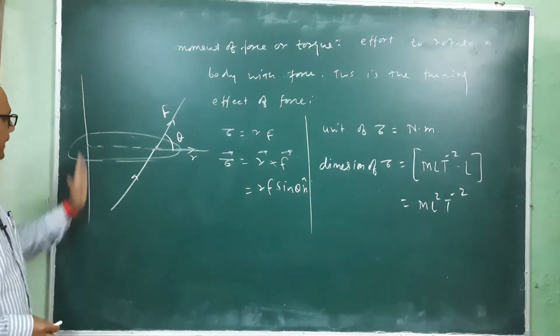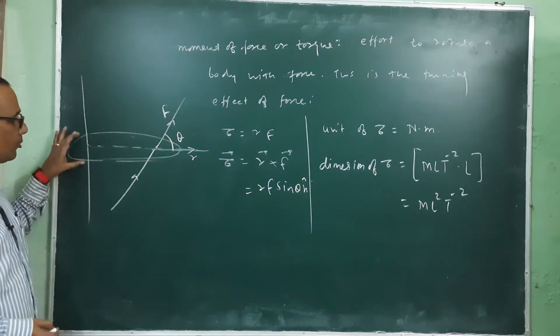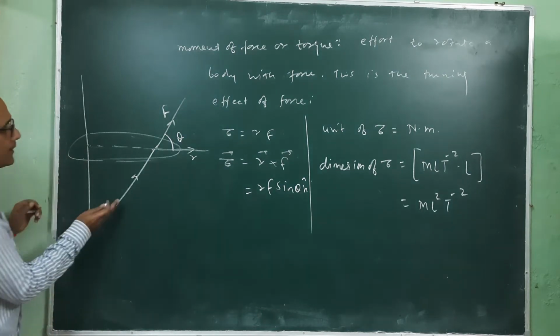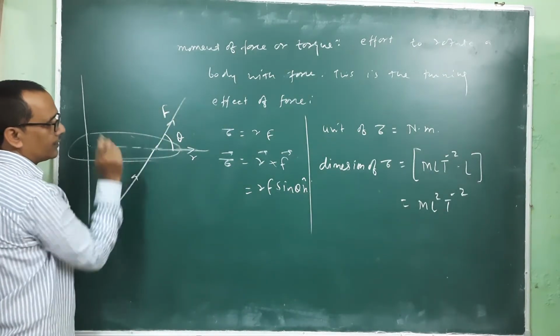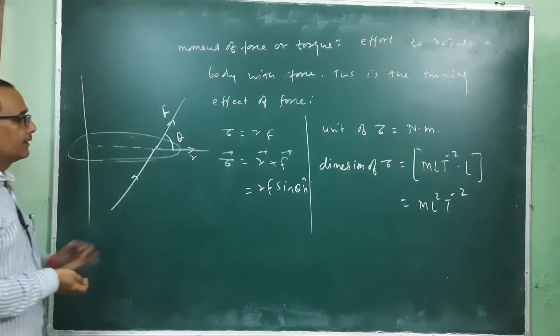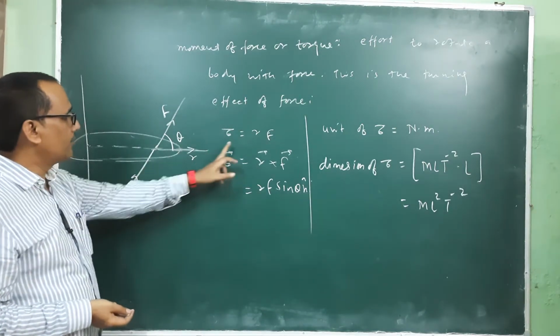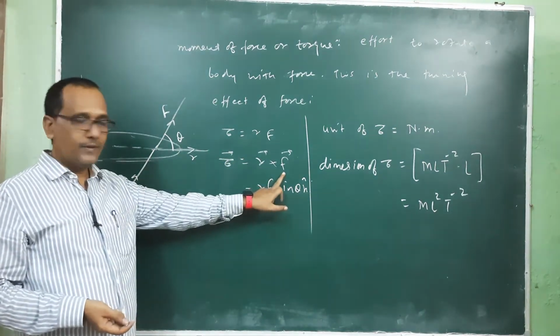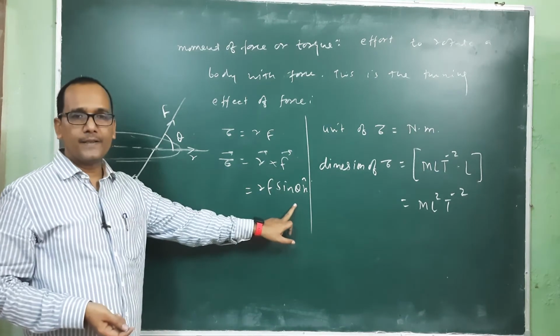This is the body, the axis is here, and we want to rotate this by applying force along this direction. So this is the direction of force, this is R. Then this tau is equal to R cross F, and this is RF sine theta.